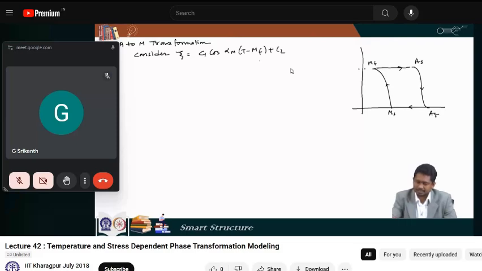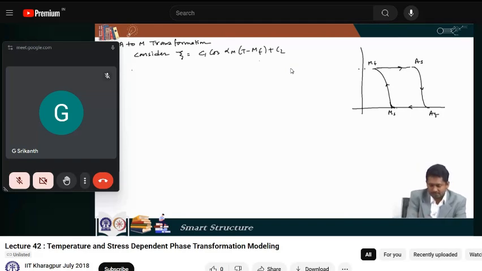Now we are interested in modeling this part of the graph, and we are modeling it by cosine function. So when the temperature is MS, and we are considering austenite to martensite transformation, that means it is following this path. So when the temperature is MS, the fraction of martensite is 0.